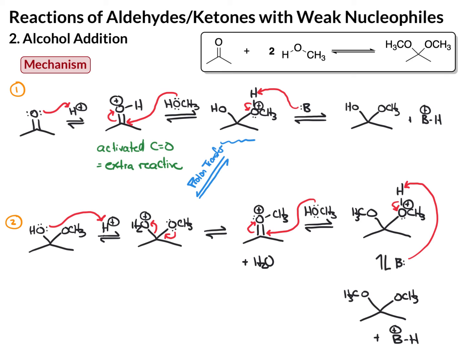If that's shown with mechanism arrows, you would use a lone pair on this oxygen to grab this hydrogen, putting the lone pair on this oxygen. When you grab that extra hydrogen over here, that gives you the OH2 plus and the neutral OCH3. So that's a shortcut that's commonly taken, and it is acceptable, although it's thought that the true mechanism is this two-step process where you take the proton off and then put the new proton on.